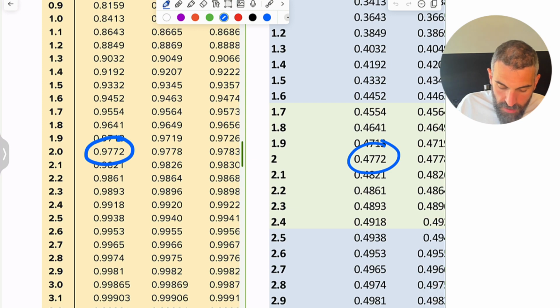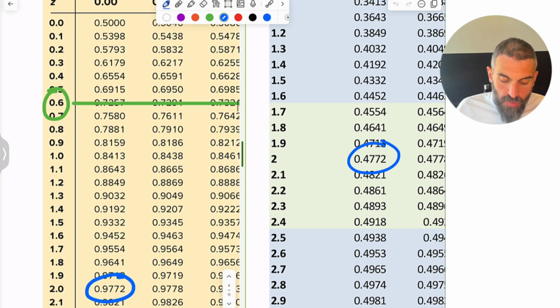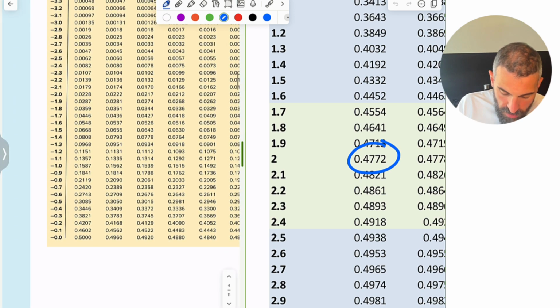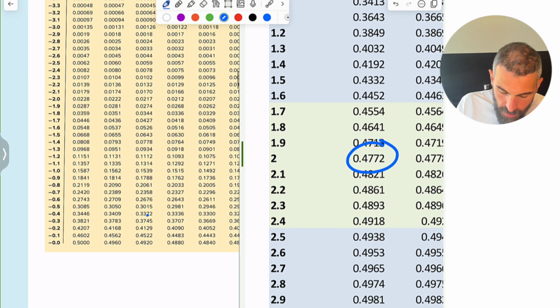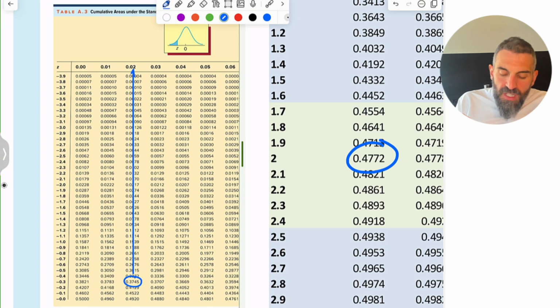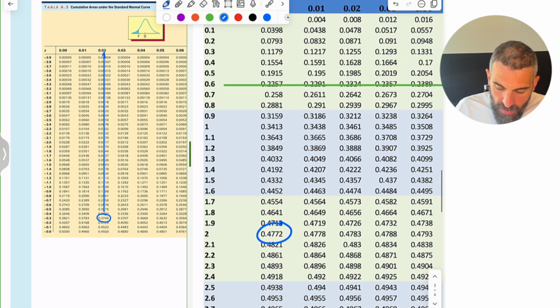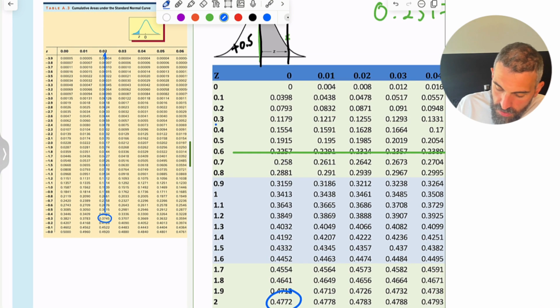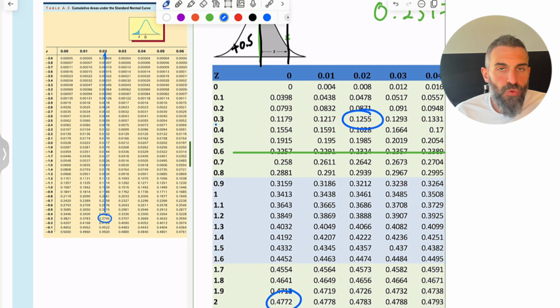Then we had negative 0.32. So this is why I like the double-sided table, because it has a negative side. So negative 0.32, which would be this number right there, 0.3745. Now here's the thing. If you get a negative number and you're using the one-sided table, listen up. You're going to go to the absolute value. So you're still going to go to 0.32, which is here. But this time you're not adding 0.5.